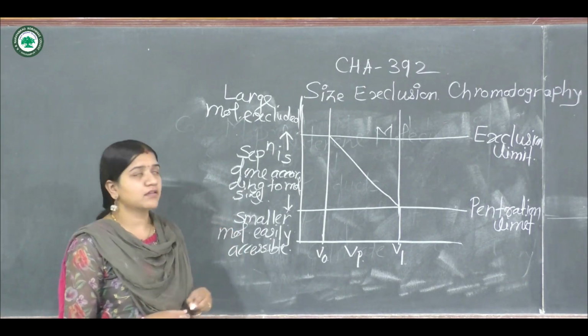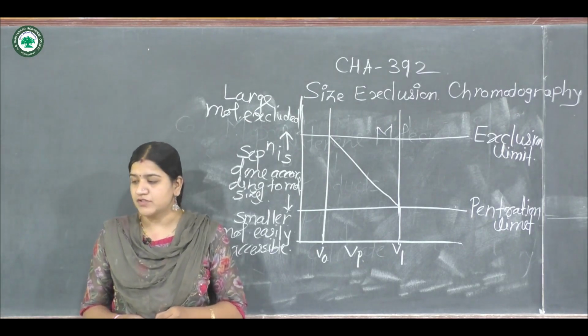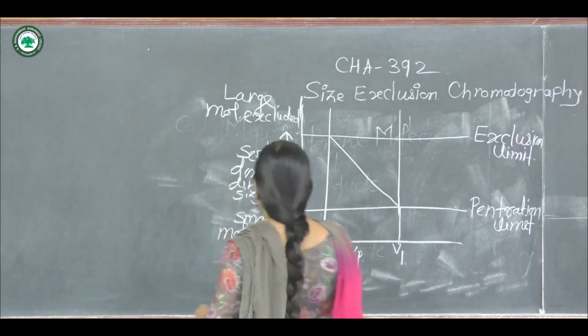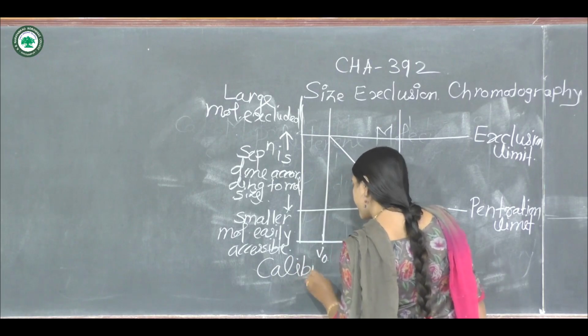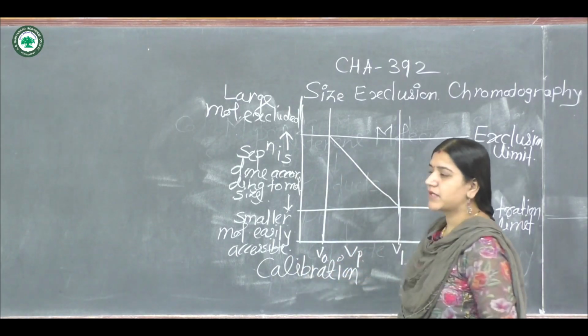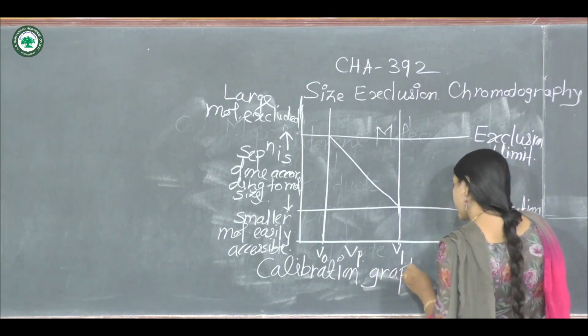So this graph represents the molecular mass determination by using the size exclusion column, or it is known as the calibration graph. Calibration graph for size exclusion chromatography.